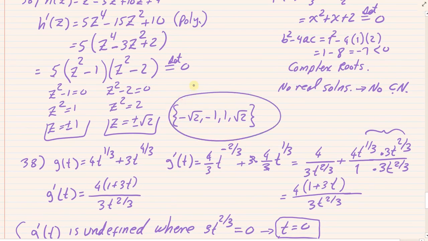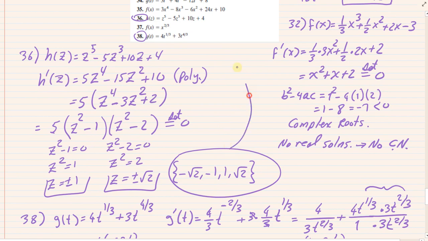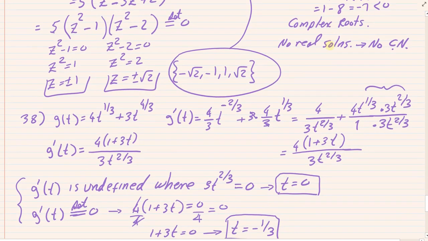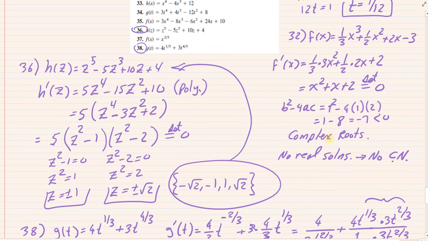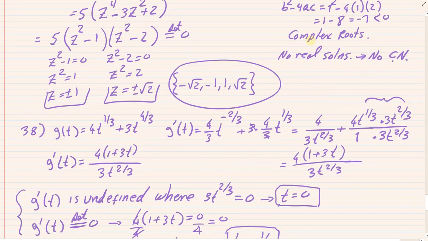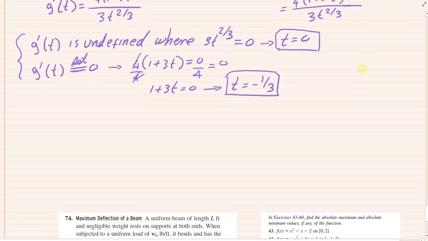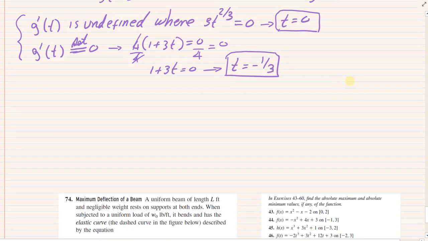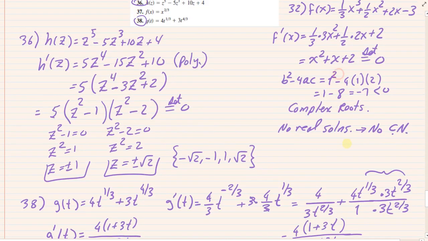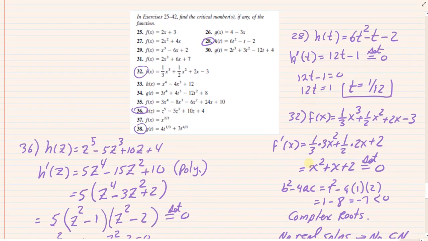All of these numbers are in the domain of the function, because the function was a polynomial function. There will be instances, as we'll see later, where you find critical numbers that fall outside the domain of the function, and therefore we just discard them. So there you go. I guess we're good in this segment.